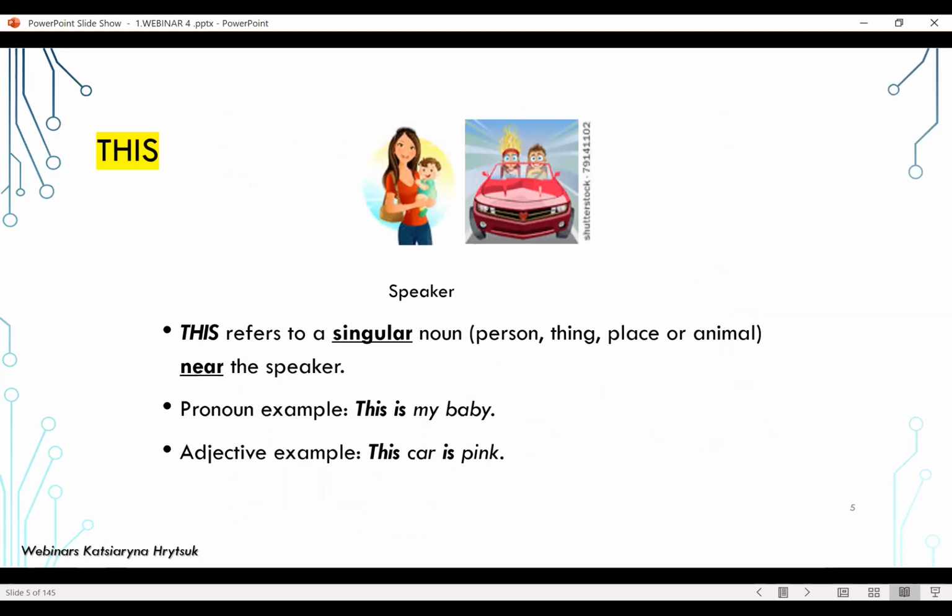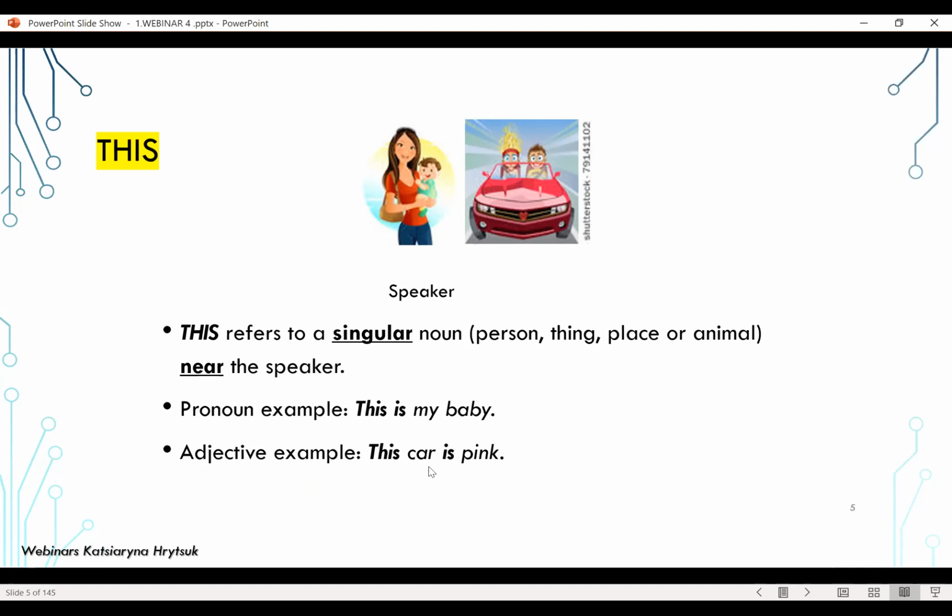Examples here. Pronoun example: this is my baby. Adjective example: this car is pink. This is maybe new for you. So we can say pronoun example and adjective example, because this pronoun is separated by the noun inside. You see?